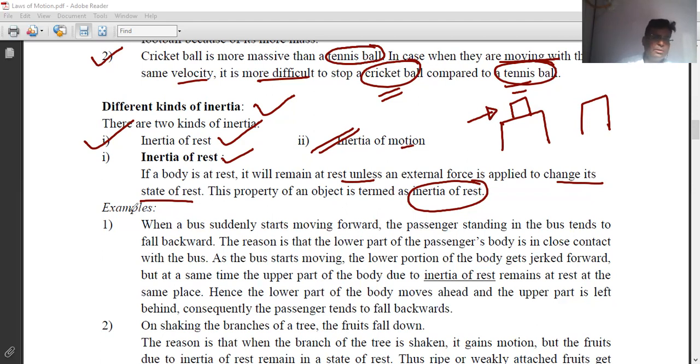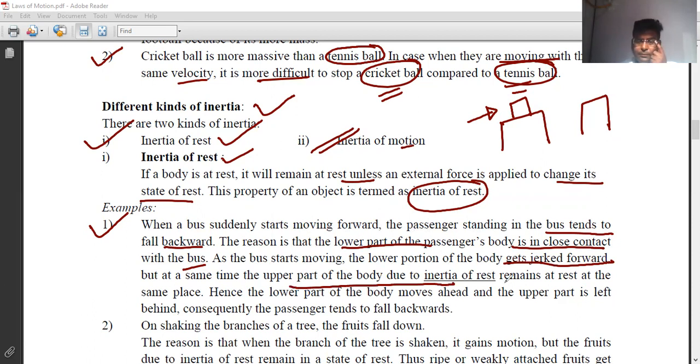right? Now look at the example. First example: when a bus suddenly starts moving forward, a passenger standing in the bus tends to move backward, right? The reason is that the lower part of the passenger's body is in close contact with the bus. As the bus starts moving, the lower part of the body gets jerked forward. But at the same time, the upper part of the body, due to inertia of rest, remains at rest at the same place.